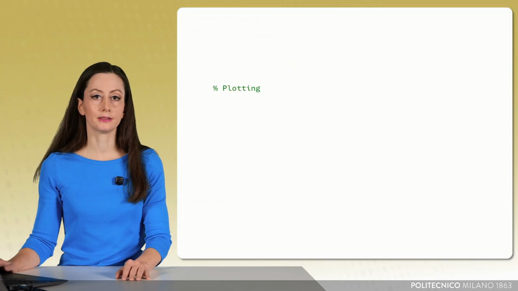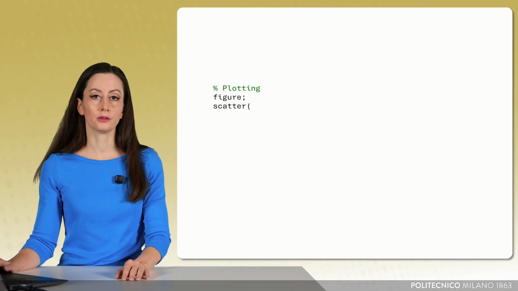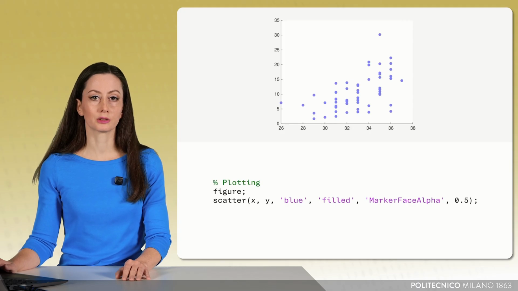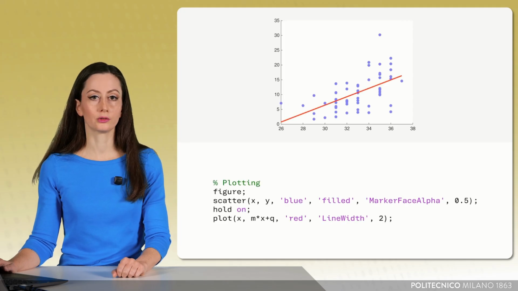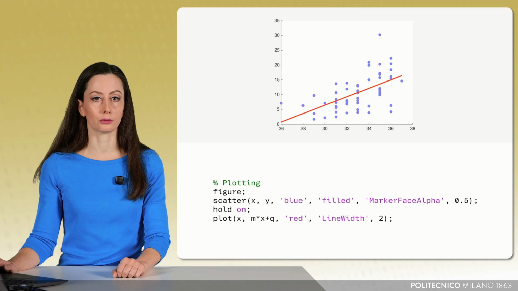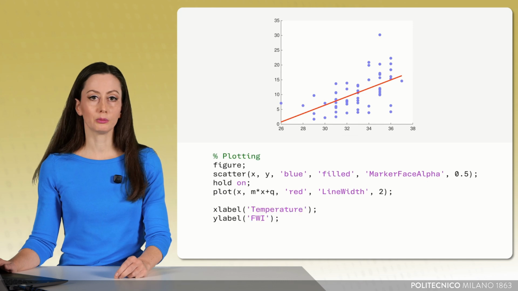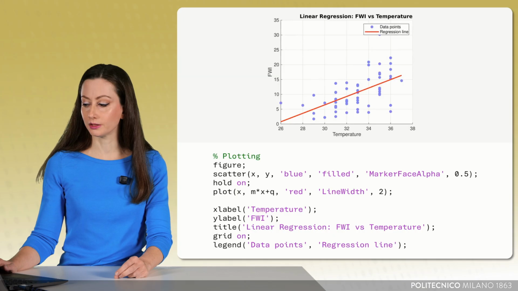Let's now visualize the data points together with the regression line. We create a new figure, and then we use the function scatter to display the data points as small blue circles in the xy plane. Next, we use the function plot to display the regression line in red. And finally, we can enhance the plot readability by adding axis labels and a title, a grid, and a legend.